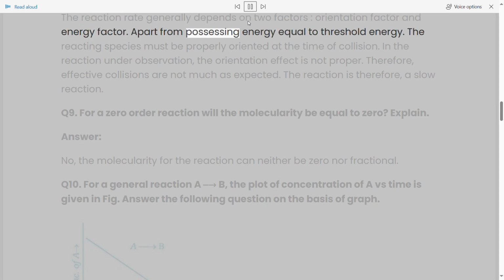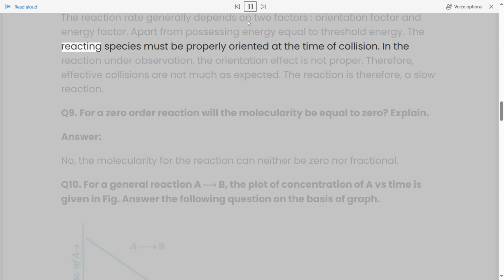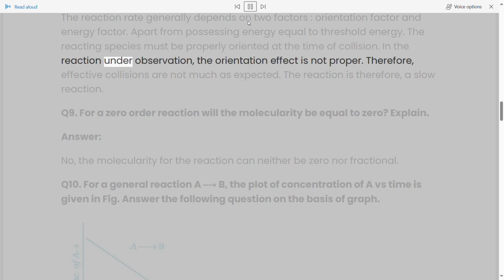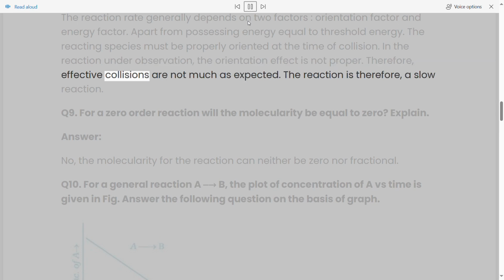Apart from possessing energy equal to threshold energy, the reacting species must be properly oriented at the time of collision. In the reaction under observation, the orientation effect is not proper. Therefore, effective collisions are not as many as expected. The reaction is therefore a slow reaction.